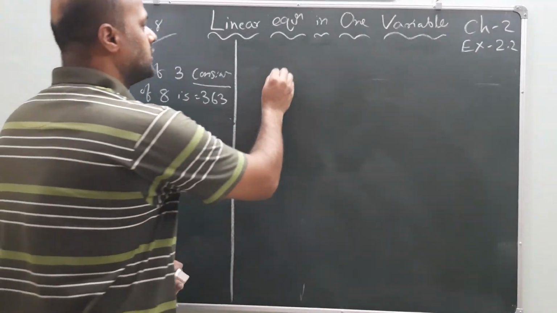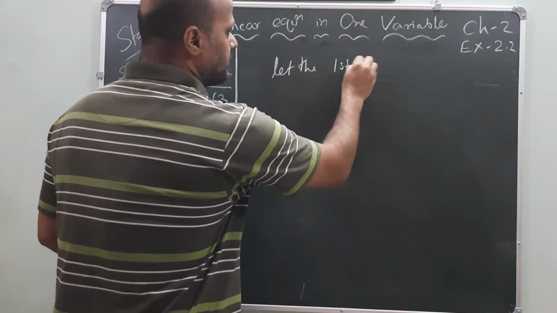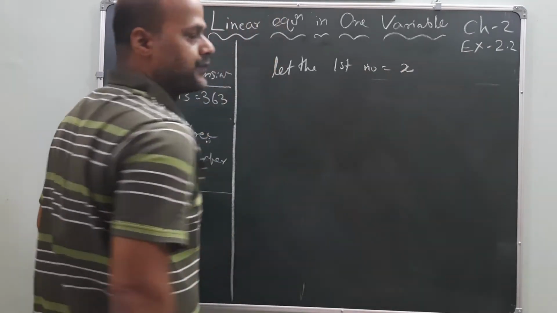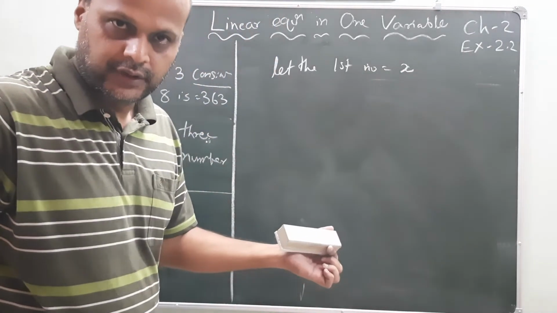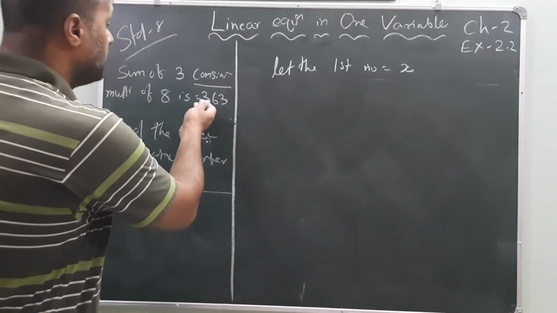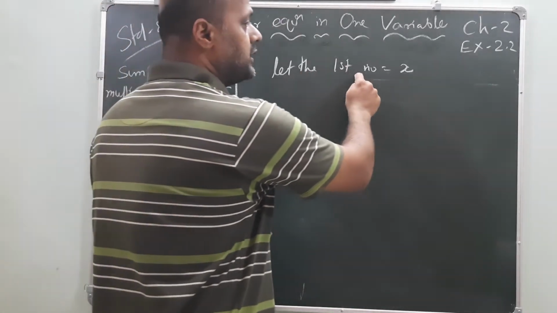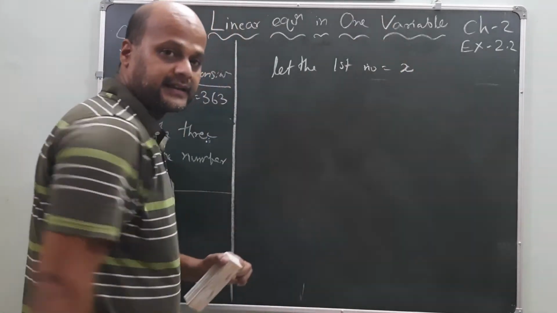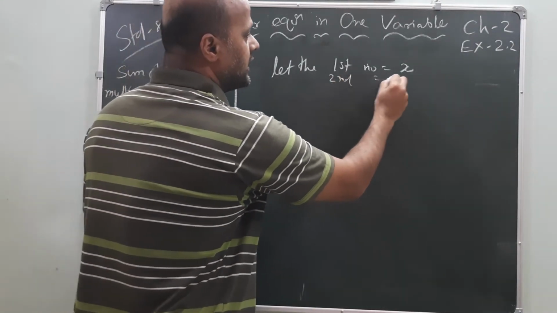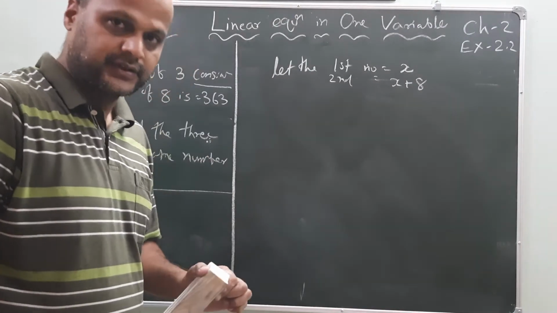Let the first consecutive number, you write like this, let the first multiple of 8 be x, because we don't know which number 8 is multiplied with so that the sum will come to 363. So the second one will definitely be x plus 8, yes or no?